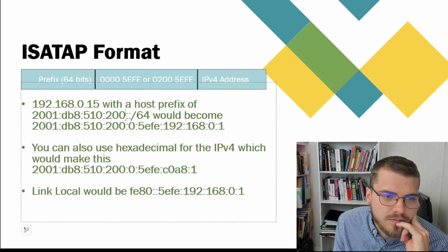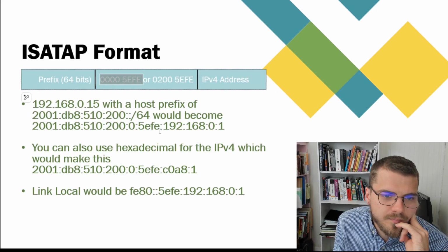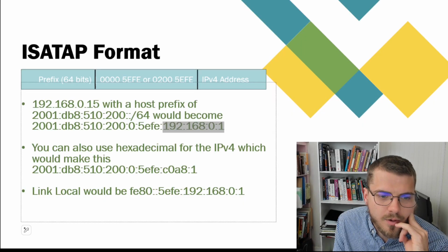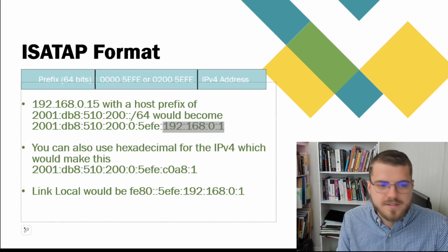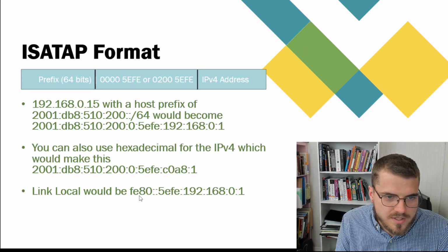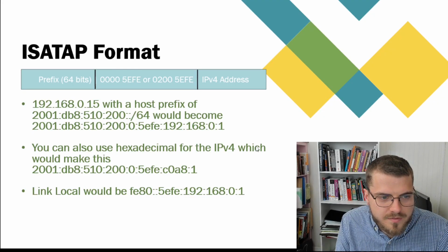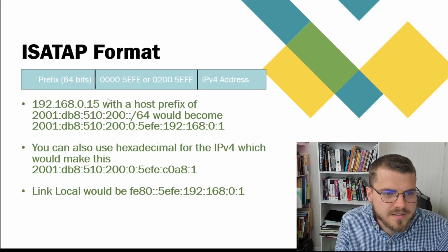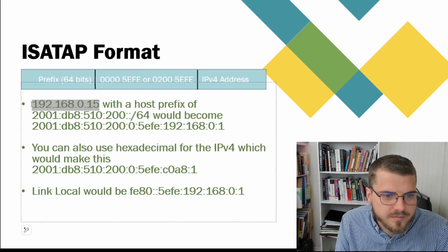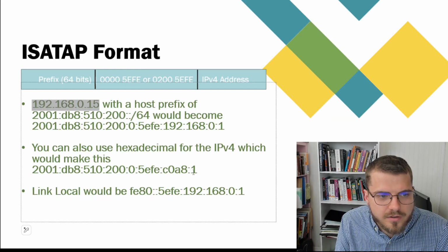So you just add the prefix, you add the middle part, and then you add the IPv4. So I mean it's very, very simple. You could also use the hexadecimal for the IPv4. So the hexadecimal of this address would actually be C0A8000F.